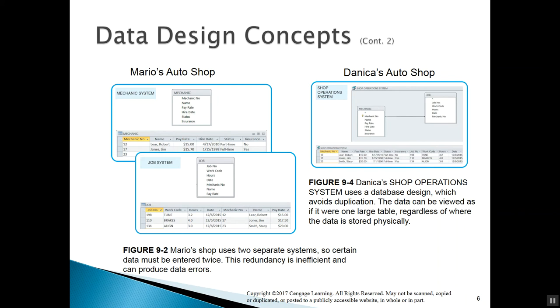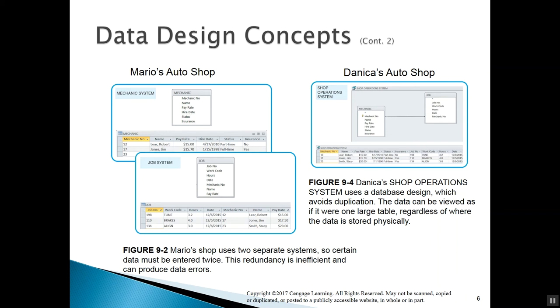It has a unique identifier, a mechanic number. There's a name, pay rate, hire date, status, and insurance, all values that we would need to collect relative to each mechanic. An instance of mechanic would be mechanic 12, mechanic 17, and each one would have its own separate values for those fields.